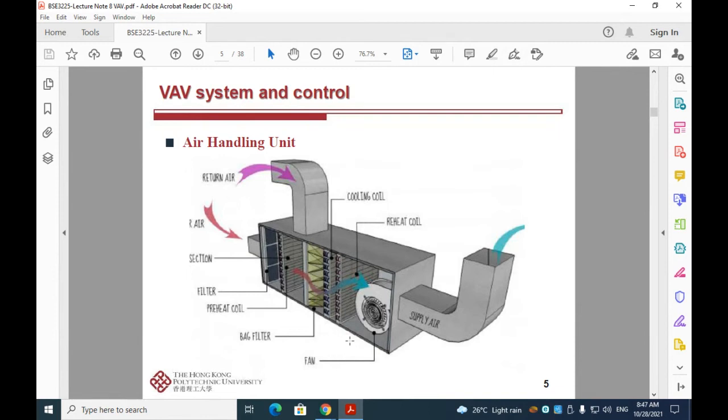A major difference between the air handling unit of a VAV system and the CAV system is the fan. For a VAV system, normally this fan is variable speed. That means you can change the speed of the fan, and that will result in a change of the air volume in the system.